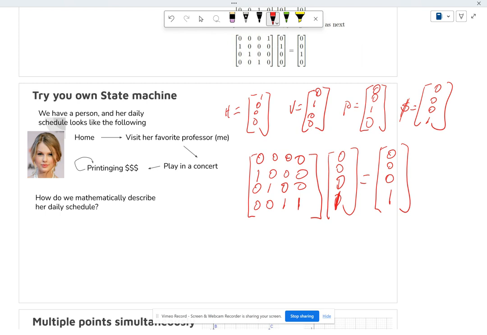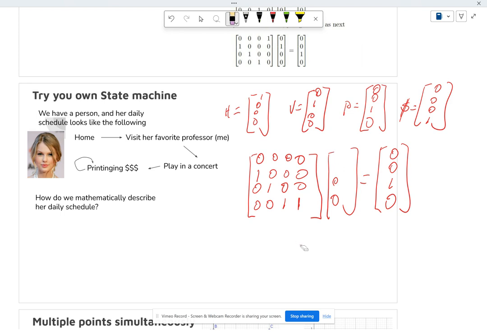Yeah, I think that's how you have to do it. Let's see if it's true. Let's pick the first one, 1000. What do we get? 0100. So that's right. It moves to the next state. Now let's try 0100, and what happens? That means we have 0010. So that moves to the third state.